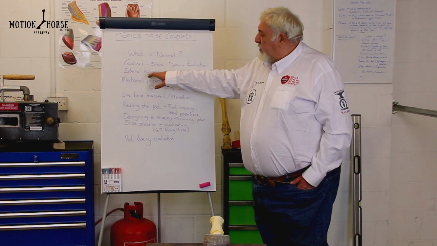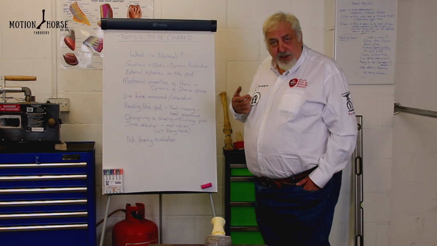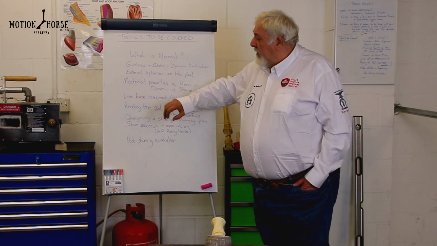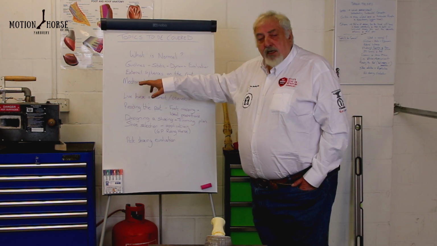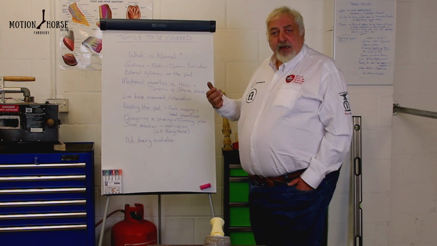We're going to look at some external influences on the foot that are beyond our control as farriers, but yet we have to manage. And then as we go through that, one of the important things to be able to discuss is how and why feet distort in the way that they do.